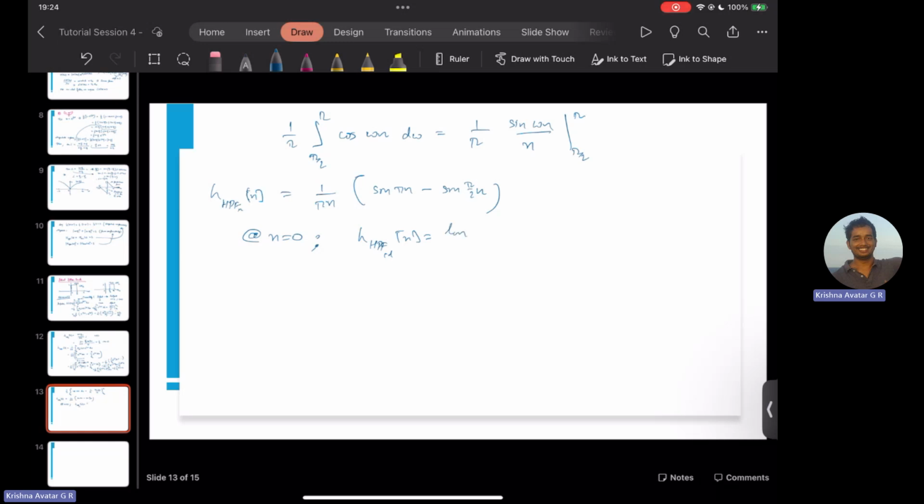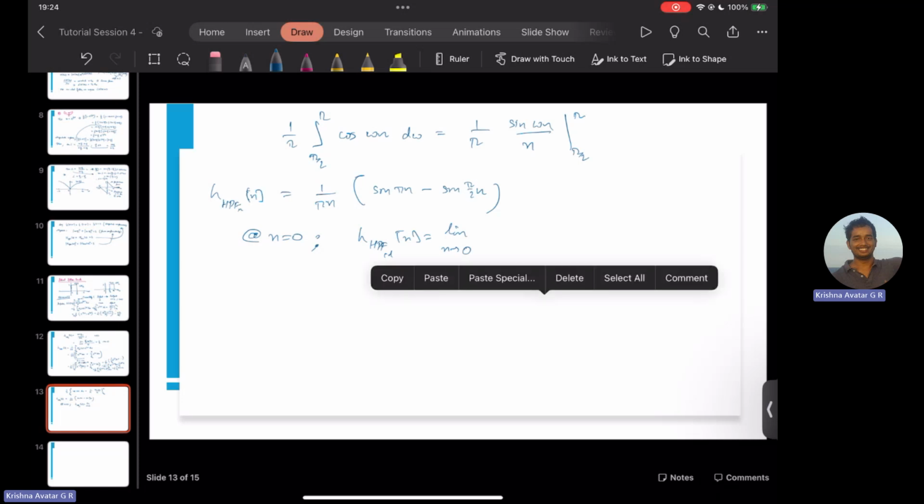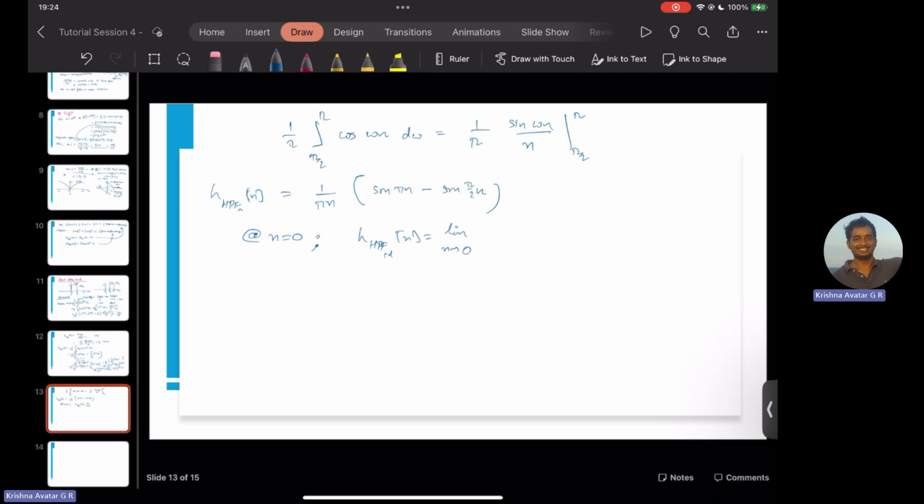So you'll have that limiting case, n tends to 0, and you'll use what we just some time back learned as L'Hopital's rule. It will be pi cosine pi n minus pi by 2 cosine pi by 2 n, divided by just pi.